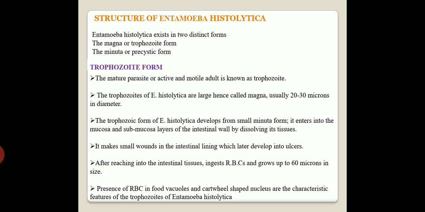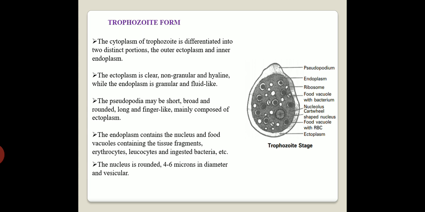The presence of RBCs in the food vacuoles and the special type of nucleus, which we call cartwheel shaped nucleus, are the characteristic features of the trophozoites of Entamoeba histolytica. So you can see the picture of the trophozoite stage.